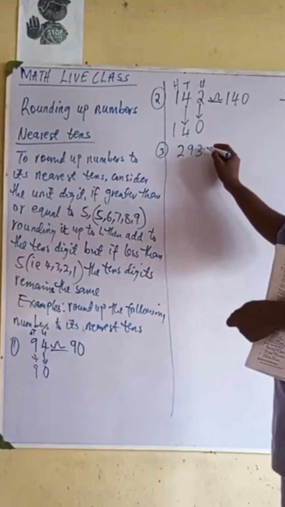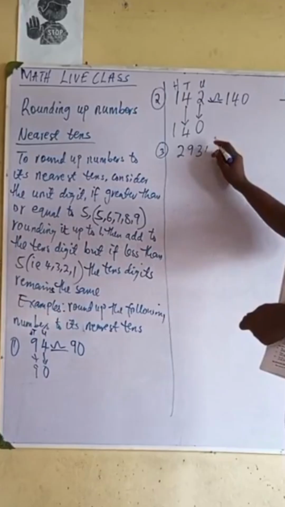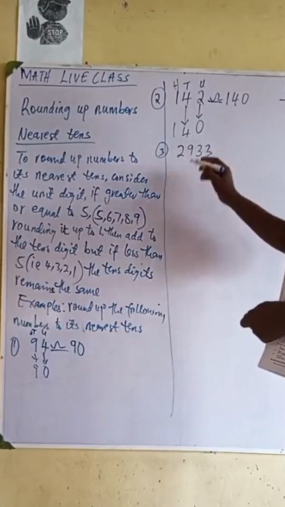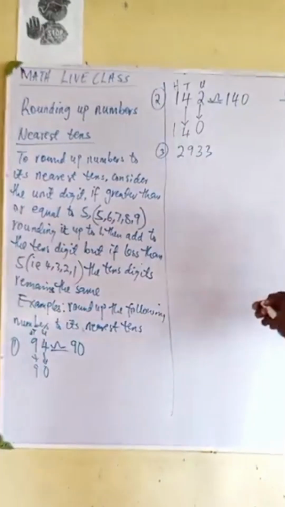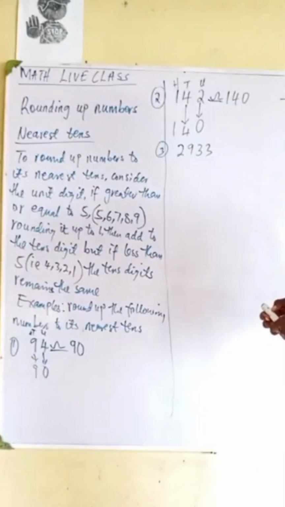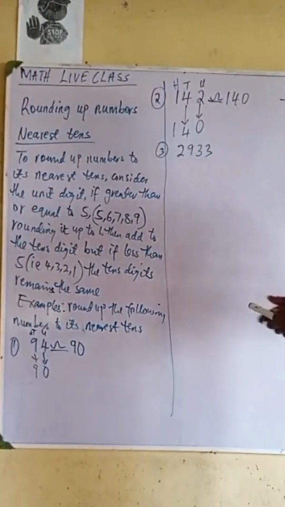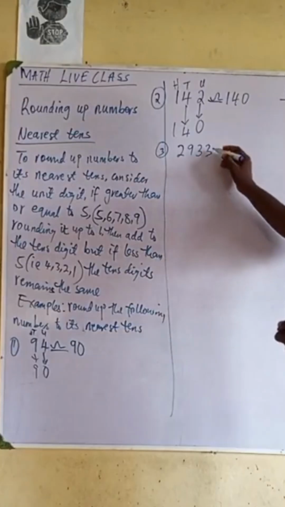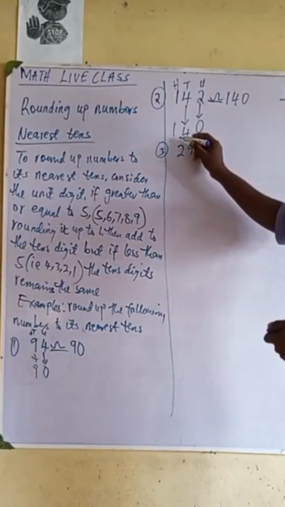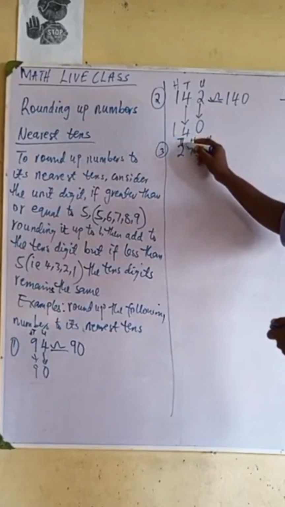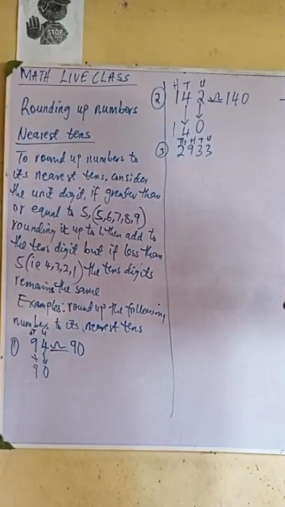So let's look at another example. 2, 9, 3, 3. We have used 4 already. Let's use 3. 2, 9, 3, 3. So at this point, you see that what we have here, this is units, this is tens, this is 100, and this is 1000.